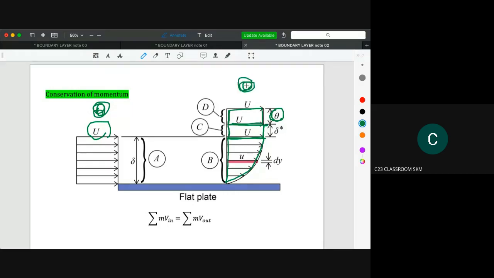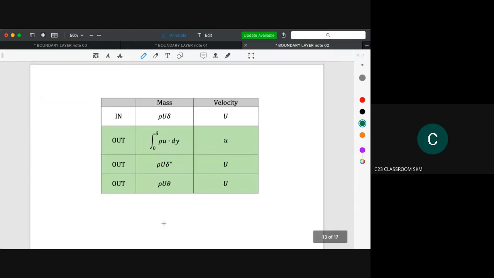The equation for momentum can be written as mass times velocity. The value of mass you could refer from the previous calculation, and we could simplify this calculation by using this table. For example, for inlet, the mass is rho u delta and the velocity is u.